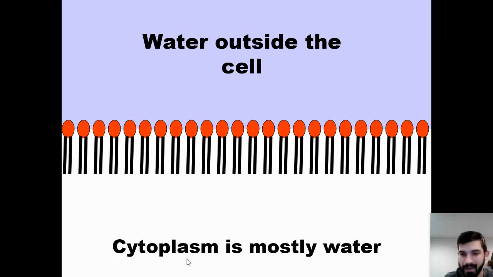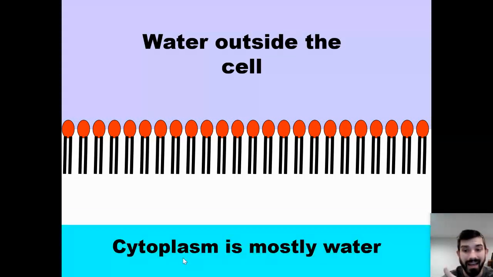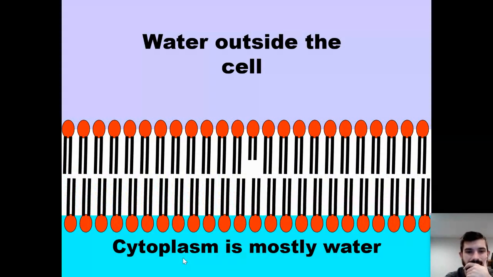So what ends up happening is these phospholipids go back to back and make a double layer, because the heads are cool with touching the water, and the tails are not. Right? So they end up making a safe space for those tails.